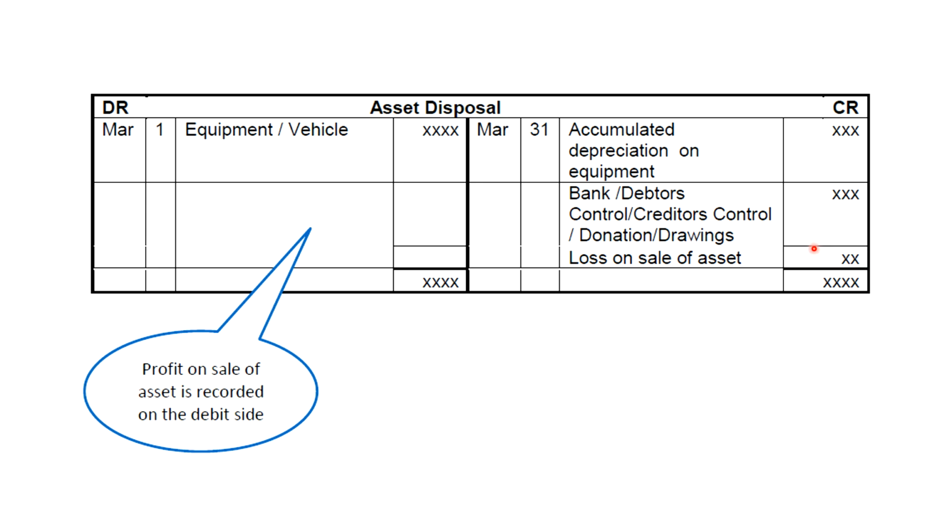If your balance carried down is on the credit side, that means you sold the asset and you made a loss. But if your balance carried down is on the debit side, we call that a profit on sale of asset. You're going to see more when we start to do our example. So let's get started on our example.